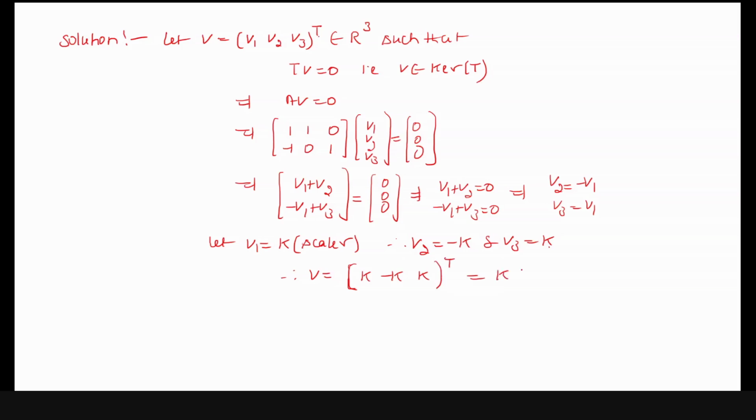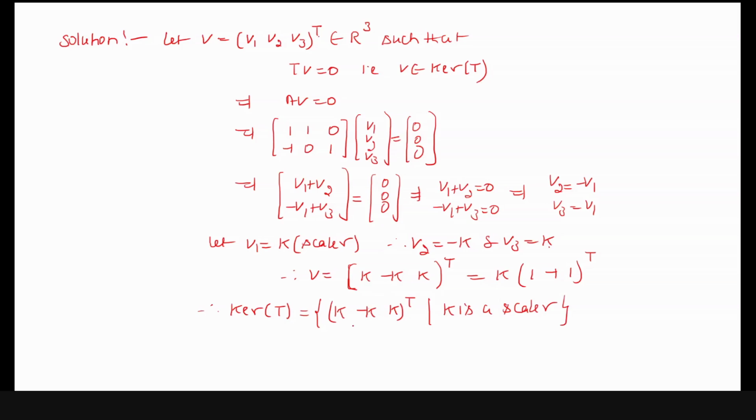K is common here, so it is K times (1, minus 1, 1) transpose. So what is the kernel? Kernel of T is all those V of this type, K times (1, minus 1, 1) transpose, where K is a scalar. This is your kernel, which will give you T of V equal to 0. Corresponding to this set, T of V is equal to 0.